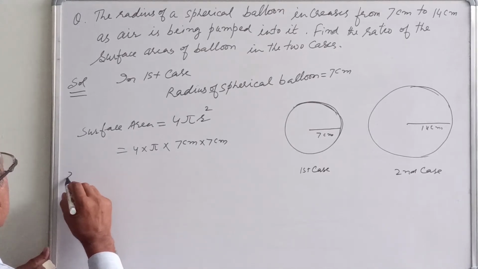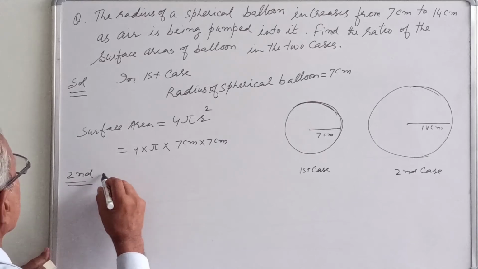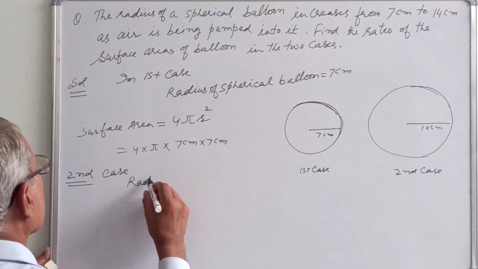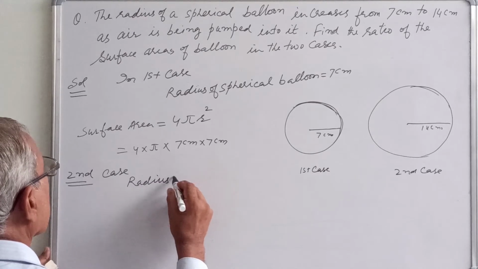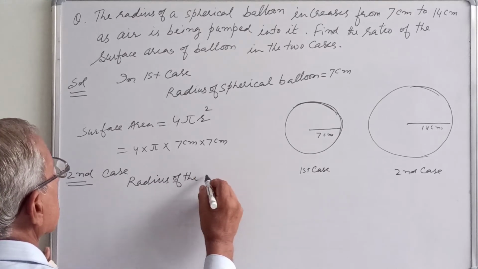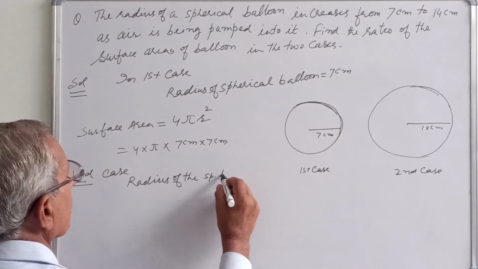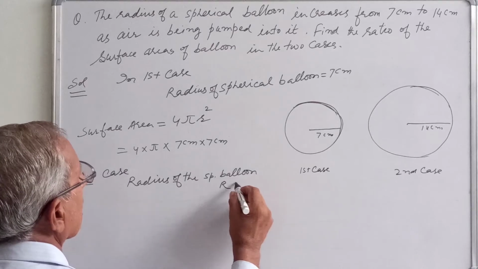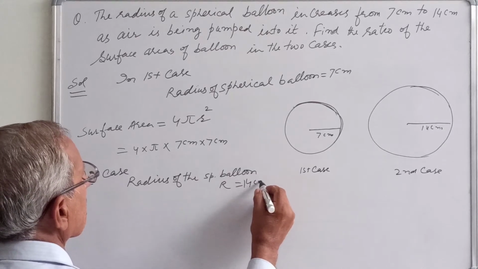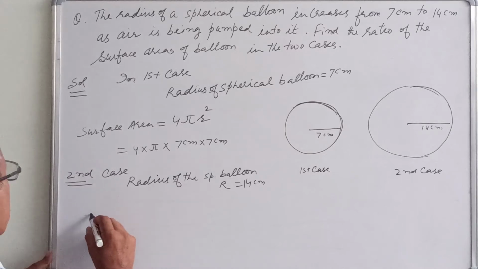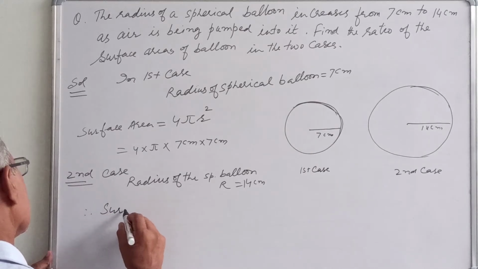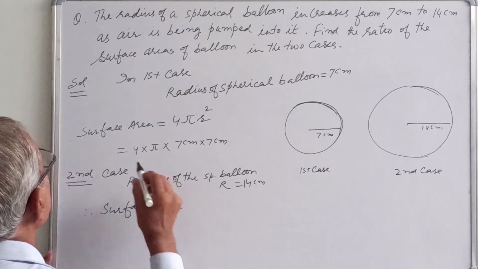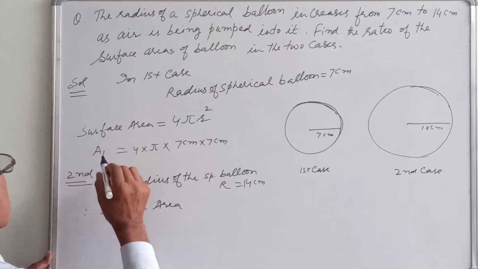In the second case, radius of the spherical balloon is 14 centimeters. Therefore, surface area, that is the first case, that is the A1.